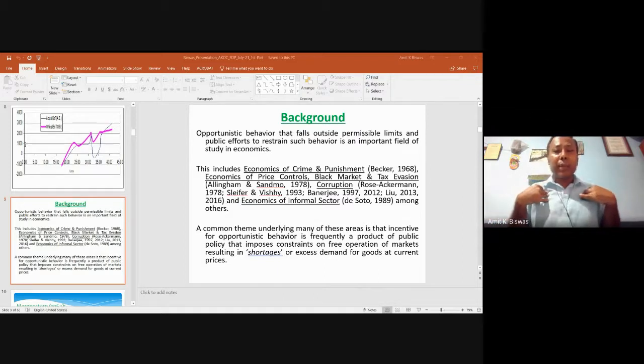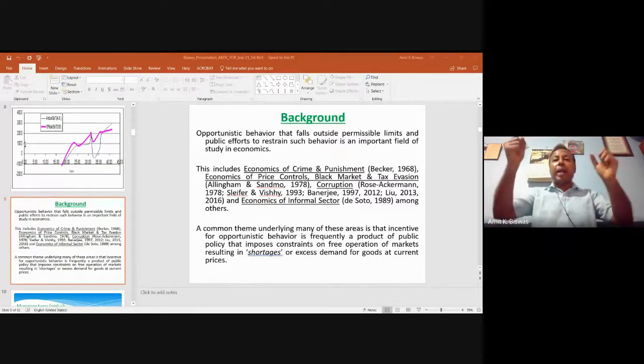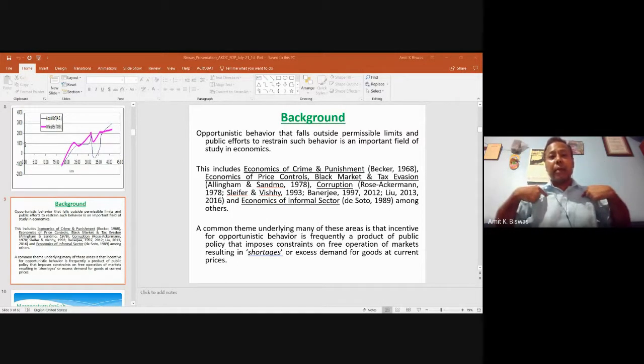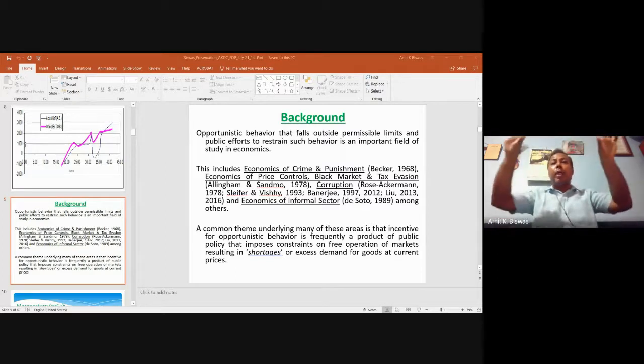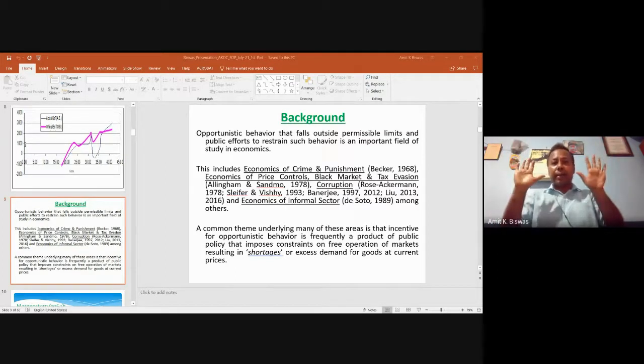And we know from our basic price-demand relationship that the lesser the price, the more we demand. So at 15 rupees per liter, we need a little bit more kerosene oil. We don't get that, so we create a black market. How do we create black market? Every time you go to the ration shop, at least in our time, we could see no kerosene oil was available.